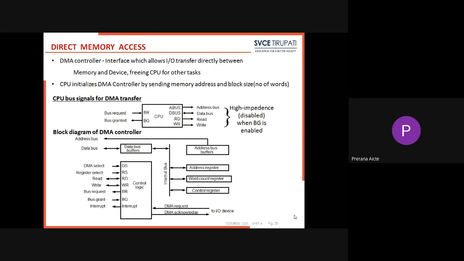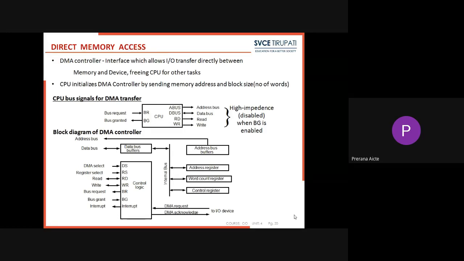The registers in the DMA are selected by the CPU through the address bus, by enabling the DMA select, that is DS, and register select, RS, inputs. The read and write, that is RD and WR inputs, are bidirectional.